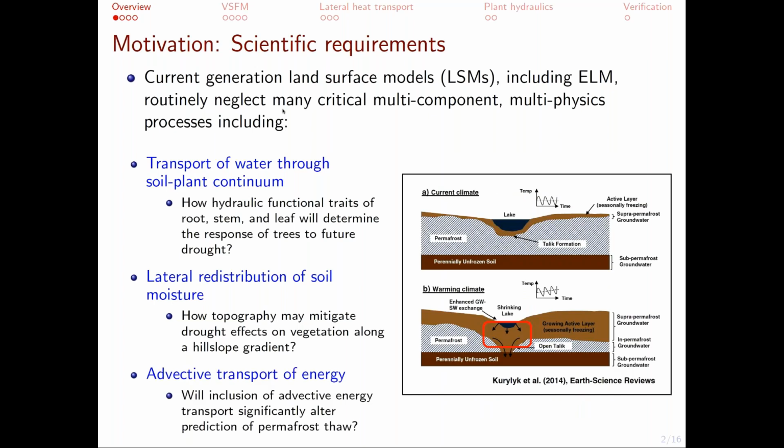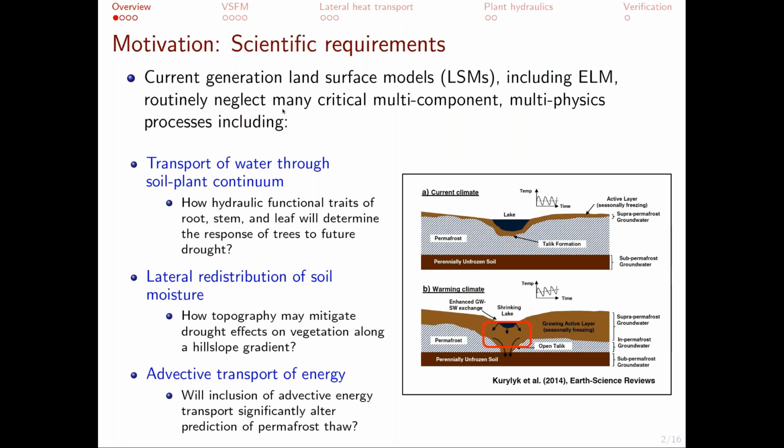Finally, the land model also does not account for the energy transported as water moves into the subsurface. This is critical, especially in regions with permafrost, because what we see is as permafrost thaws and the water starts to infiltrate, the heat associated with it would accelerate the thaw of the permafrost.